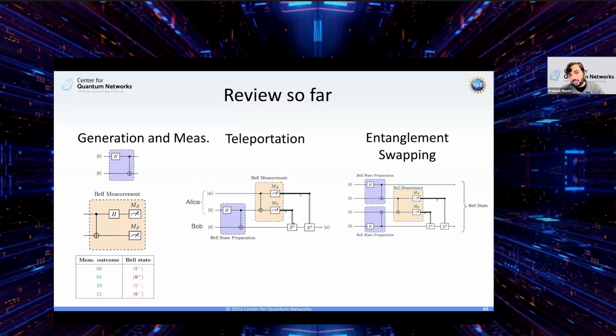Then we send the measurement outcomes classically and perform some unitary operations, or X or Z rotations, on Bob's qubit, to be able to teleport the state psi to Bob's. We can use the same essential primitives to also do entanglement swapping, which can be thought of as teleporting a Bell state from one party to the other.